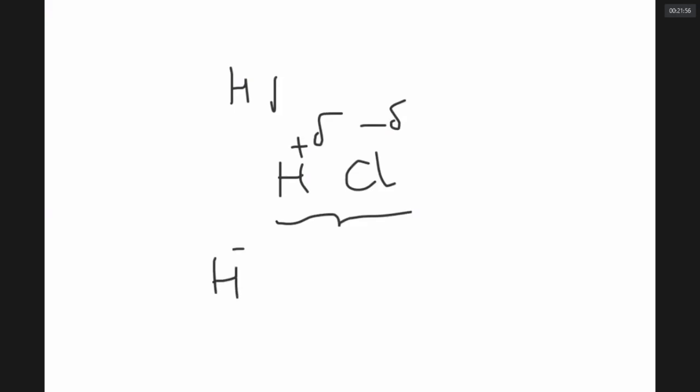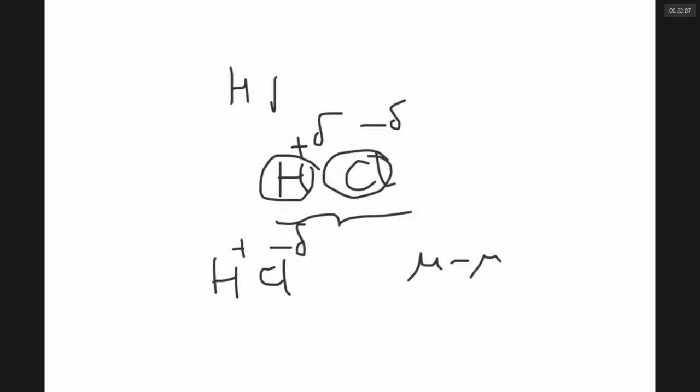In HCl, you have plus delta, minus delta charge. So HCl has a dipole. Therefore, if you cool HCl, the force that operates between different HCl molecules in liquid is dipole-dipole attraction. Whenever two atoms differ in electronegativity, the more electronegative halogen can take a little minus delta charge, because the electron pair bonding will come a bit closer to it.